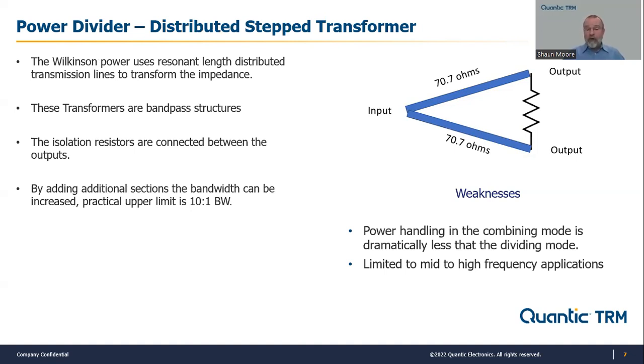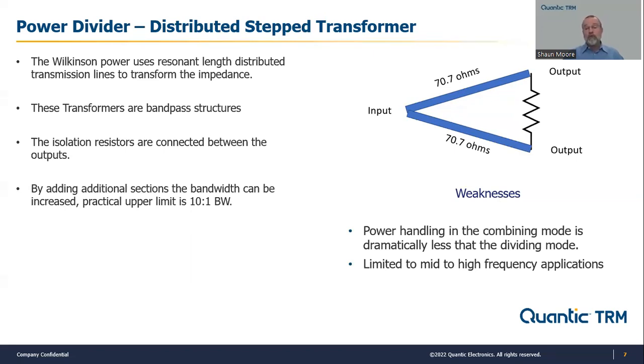The simple two-way case, single section that's on the screen, you can build an impedance transformer by simply using a quarter wavelength line that is in an impedance other than 50 ohms. In this case over here, a 70.7 ohm line that is a quarter wave long will transform the 50 ohm output impedance back up to 100 ohms.